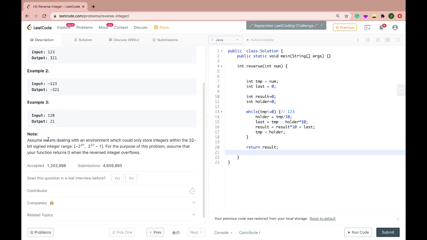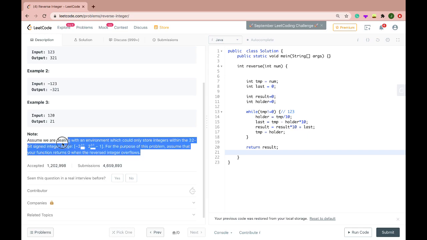And we have to note that if the input value is not in between these restrictions, then it should return a 0.